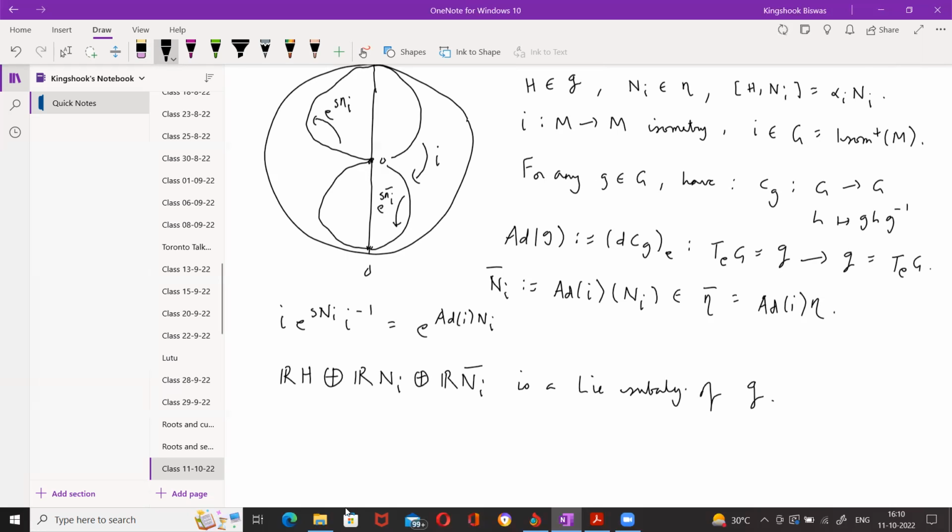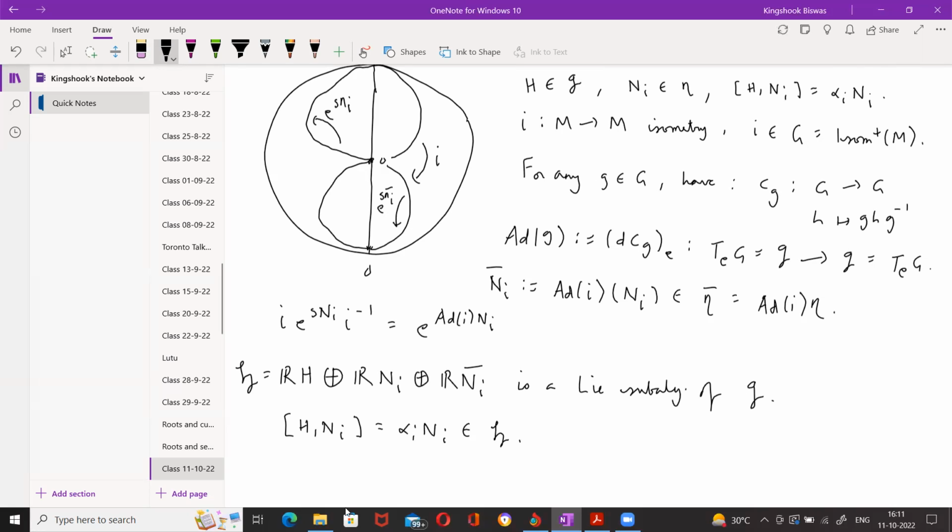Why is that? I just have to check these brackets belong in the same space. First of all, H and N_i is fine. So this bracket, of course, is alpha N_i, which belongs to this space.